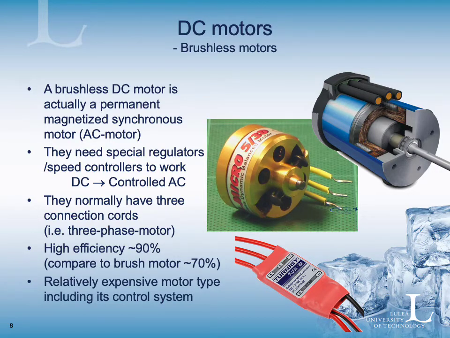Normally they have 3 connection cords, meaning that it's a 3-phase motor. It has a high efficiency, much higher than the brushed motors, around 90 percent and even more, and the brushed motor only has around 70.